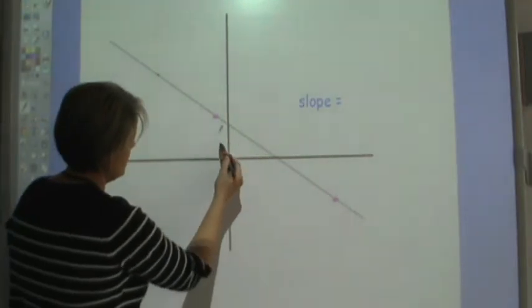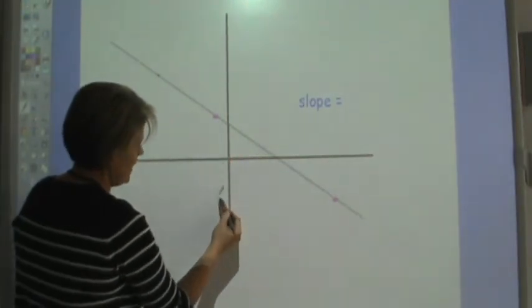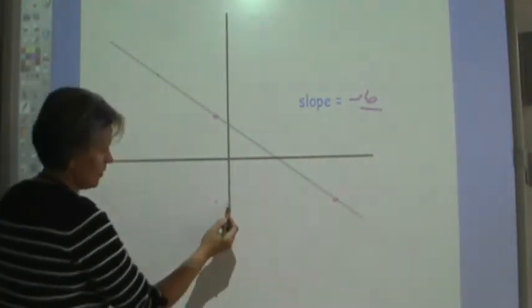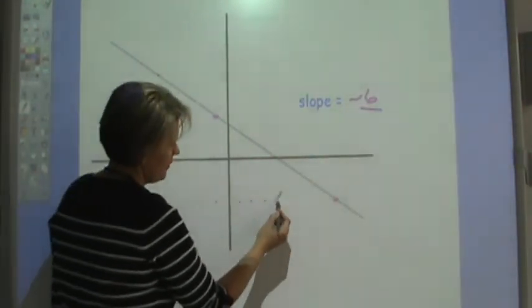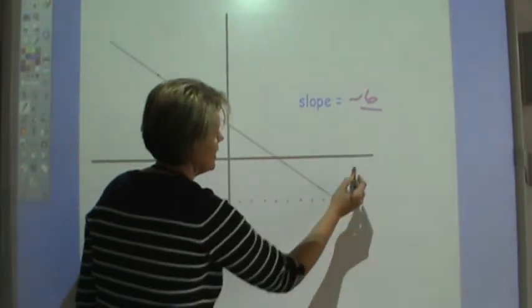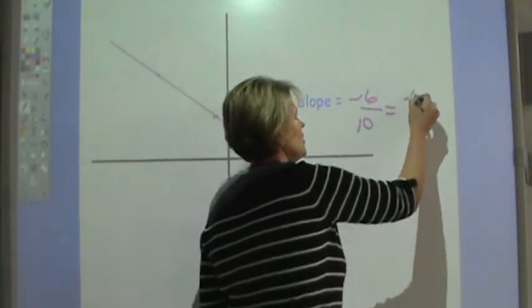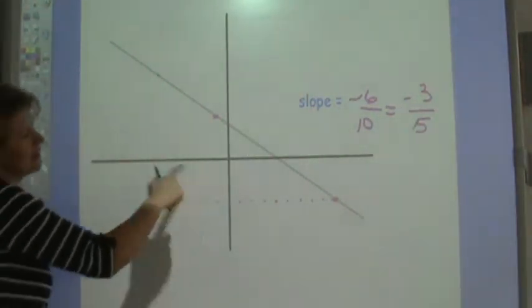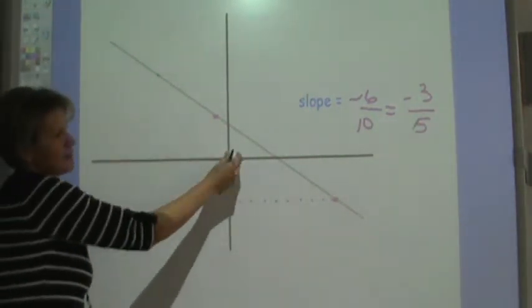I'm going down 1, 2, 3, 4, 5, 6. And then I'm going over 1, 2, 3, 4, 5, 6, 7, 8, 9, 10. So negative 6/10, which would reduce to negative 3/5. This one's a little more consistent because I did both of them as by ones.